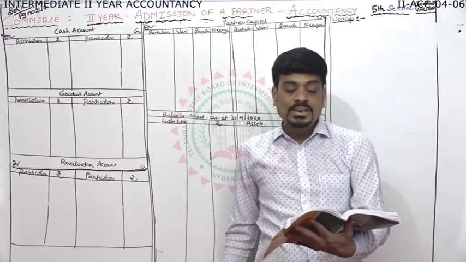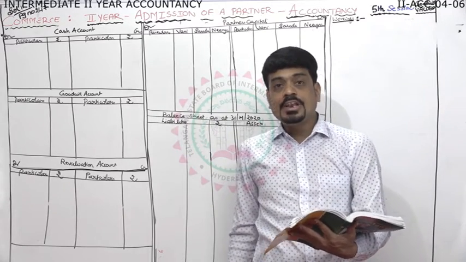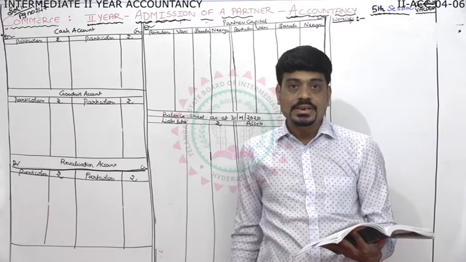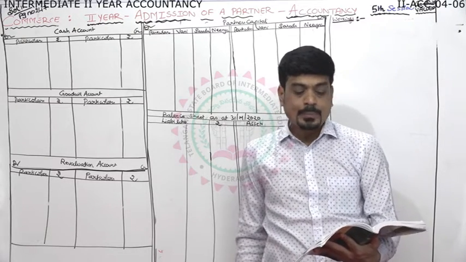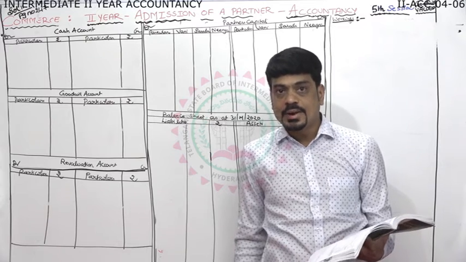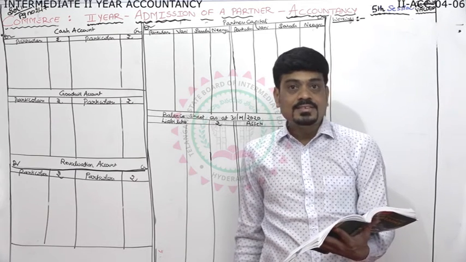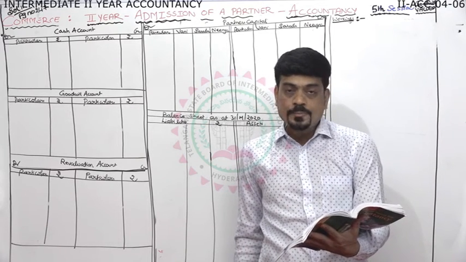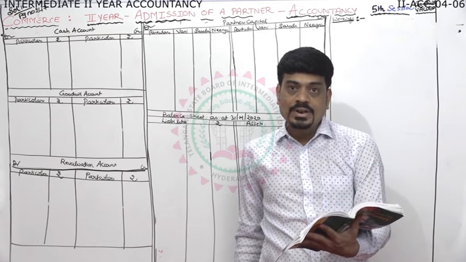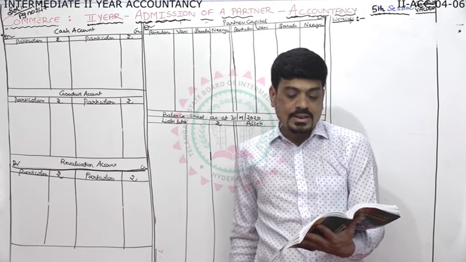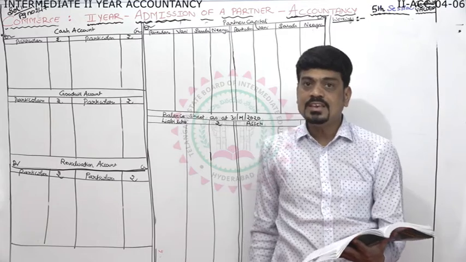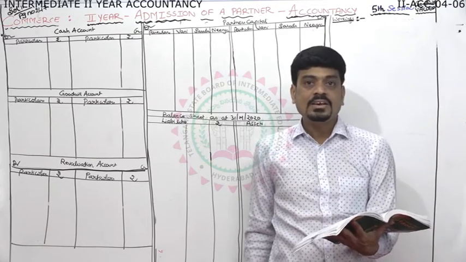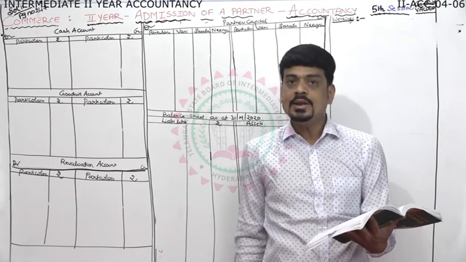Vani and Sharda are sharing profit and losses equally, in the sense 1:1 ratio. And their balance sheet is given to us. Liability side, if you see, bills payable, bank overdraft, rent payable, creditors and capitals. We are seeing that there is no accumulated profit.